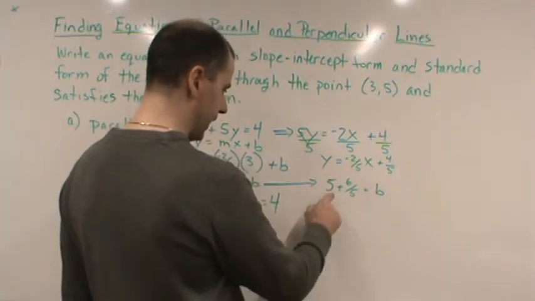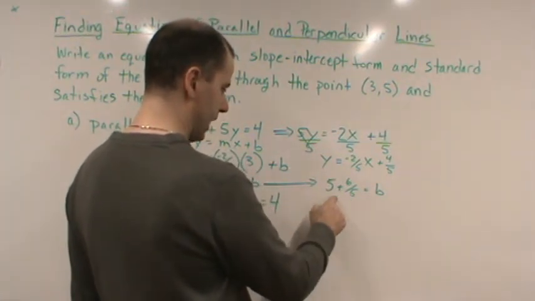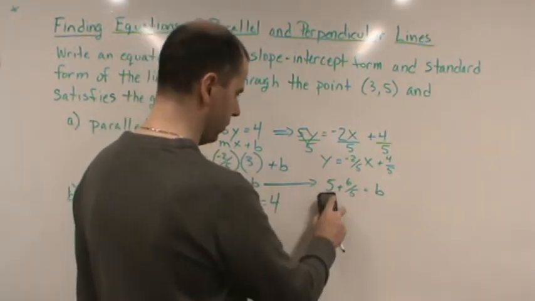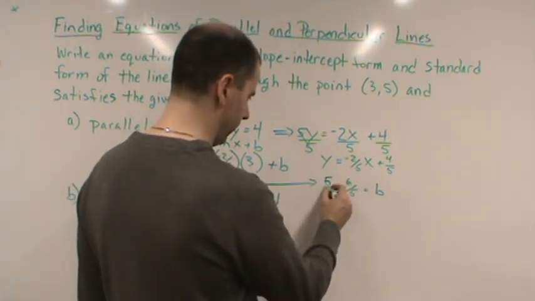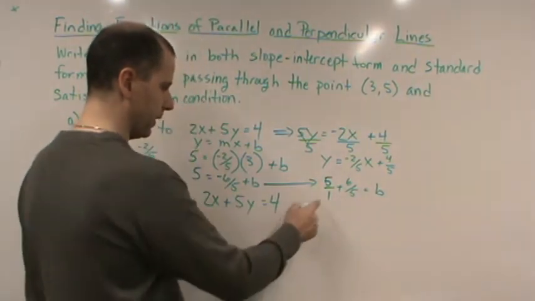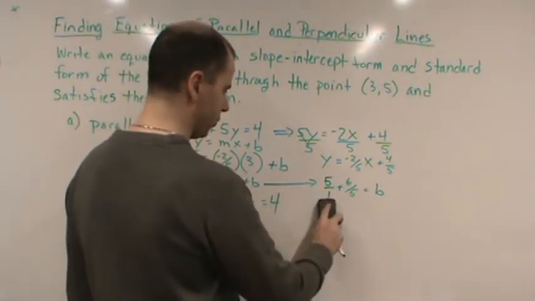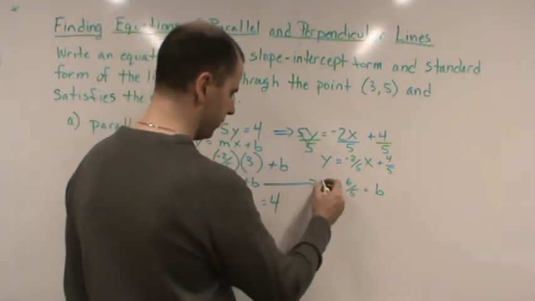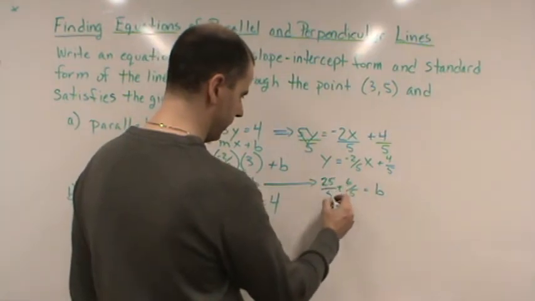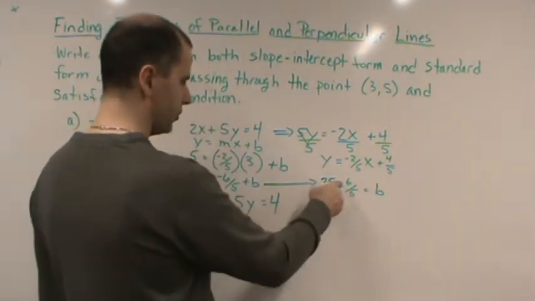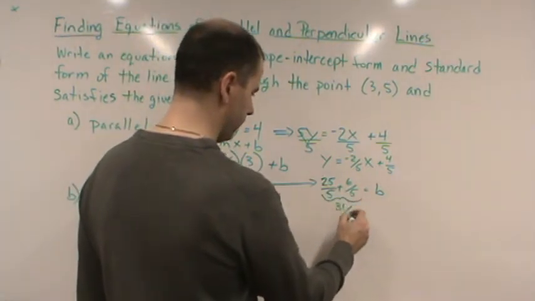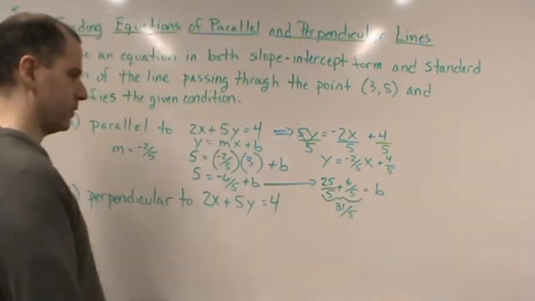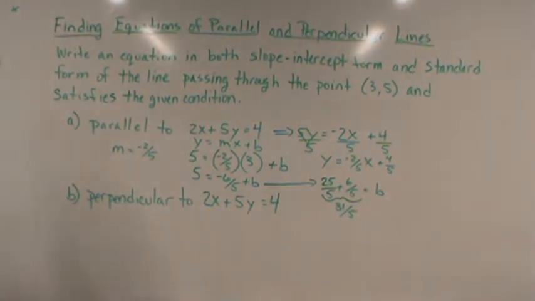I'm going to change this so that it has a common denominator. This is the same as 5 over 1, so I'm going to multiply the top and the bottom by 5, and I get 25 over 5. If I add those two together, I get 31/5, and that's my intercept.